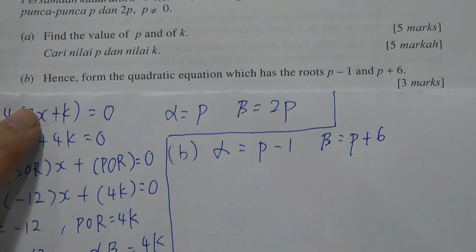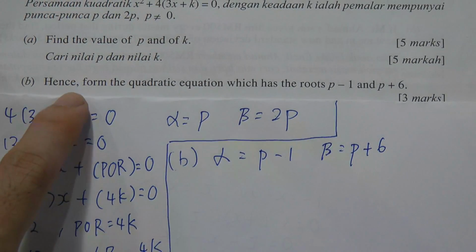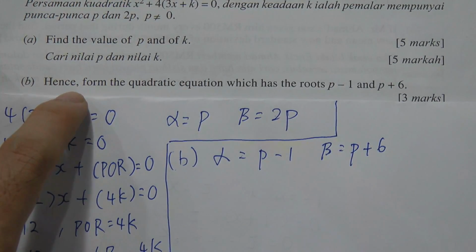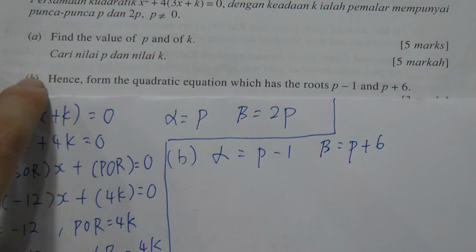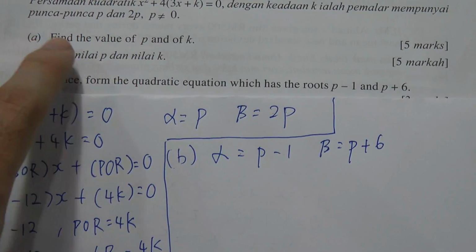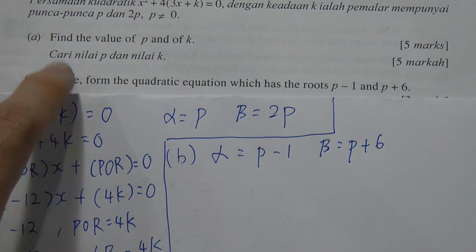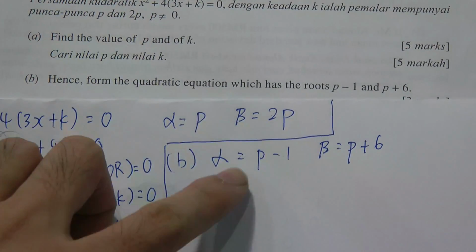Since you will see the word hence, when you see the word hence it means section B is related to section A. So you have to use the p value to solve this question.